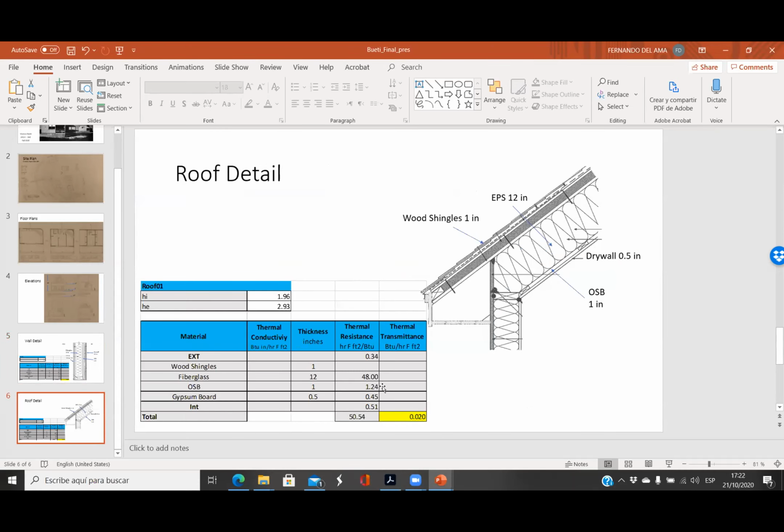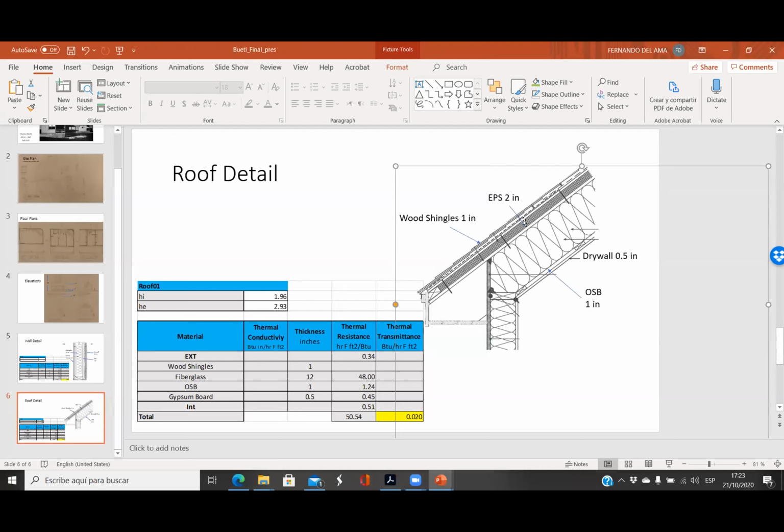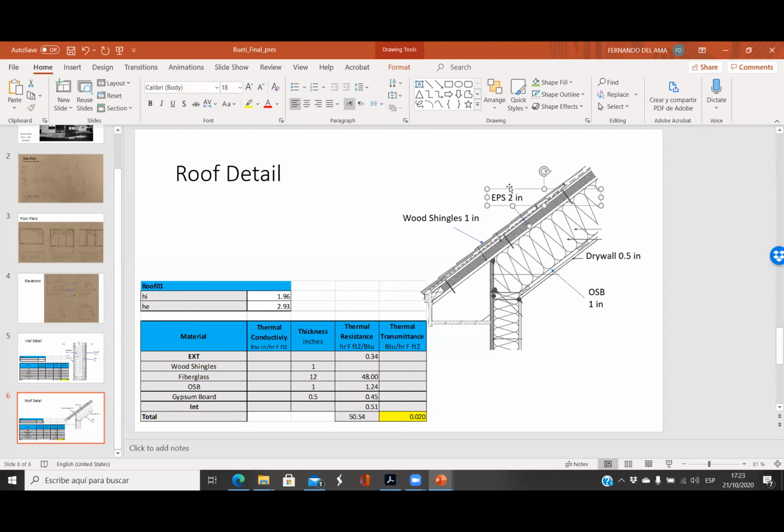And then for the roof, you are above 50 because we have 12-inch fiberglass. By the way, you have written here fiberglass and here you have written EPS. So I think this is the EPS that can be 2 inches. And this can be, yeah, I forgot to change it.